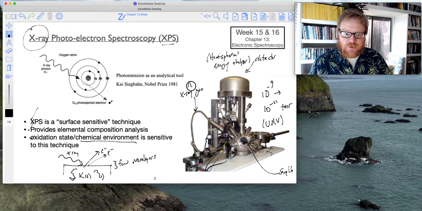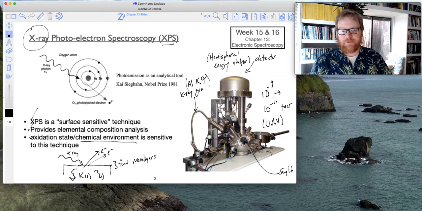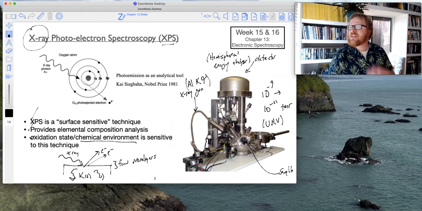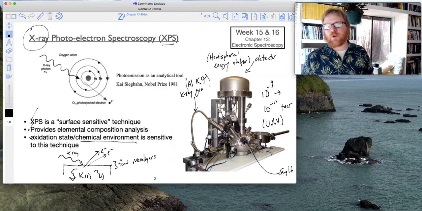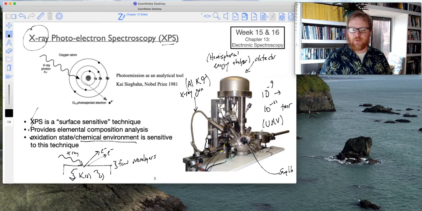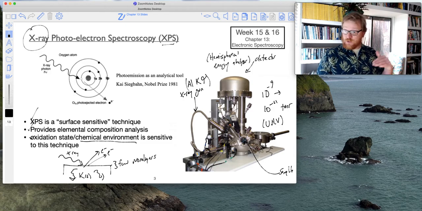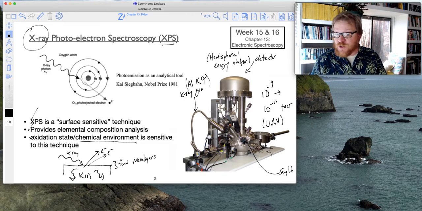So if we use, for example, aluminum, you typically hear this referred to as an aluminum K alpha radiation. And so K referring to the K shell, the N equals 1 shell, alpha referring to the principal line given off of aluminum. And so excitations from aluminum are made from its core energy levels, which gives off X-rays, okay?